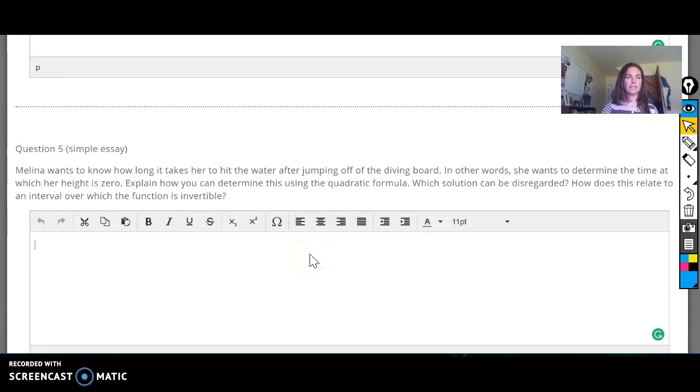And the last question, she wants to know how long it takes her to hit the water after jumping off the diving board. In other words, she wants to determine the time at which her height is 0. And so I am going to pause this, write out the quadratic equation, and then come back to it.